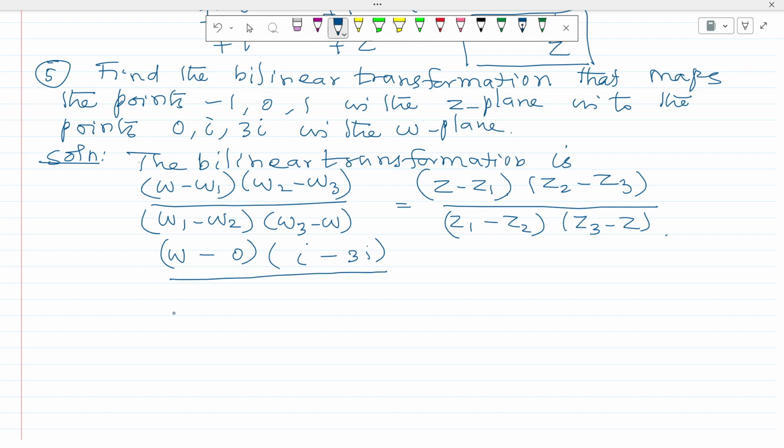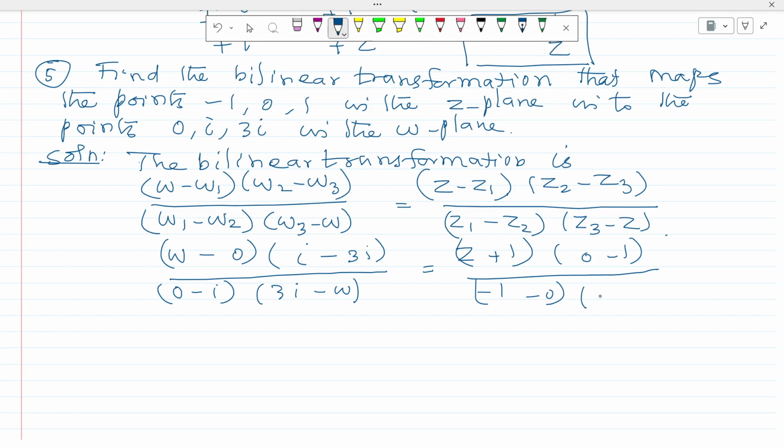Denominator: w1 is 0 minus i, 3i minus w, equal to z minus z1, which is minus 1, so z plus 1, and then z2 is 0 minus z3, which is 1, divided by z1, which is minus 1, minus 0, z3 is 1 minus z.